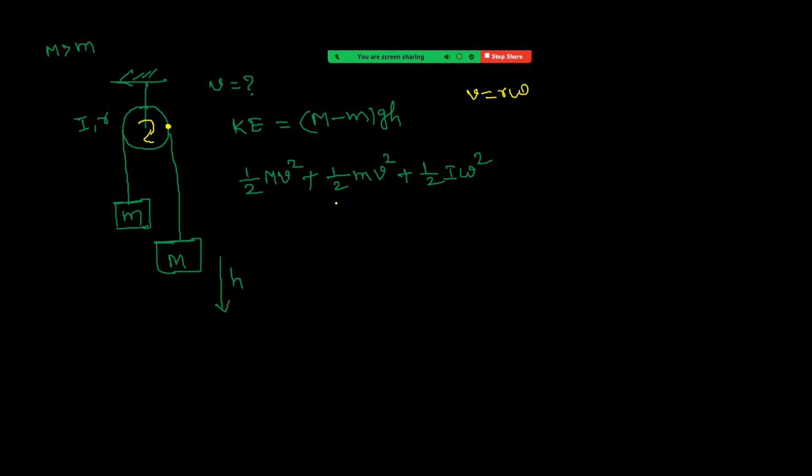This is now the kinetic energy of the system, and that is equal to M minus m into g into h. So like this, by using conservation of mechanical energy, we can find the speed of each block.